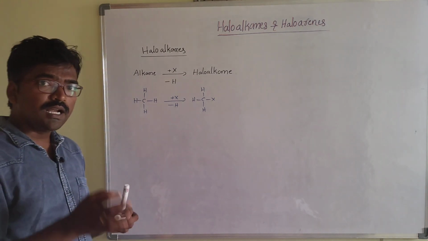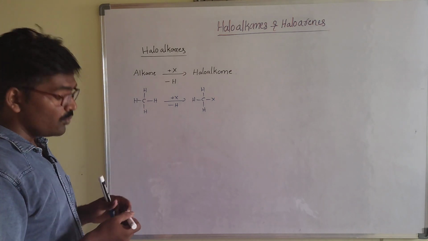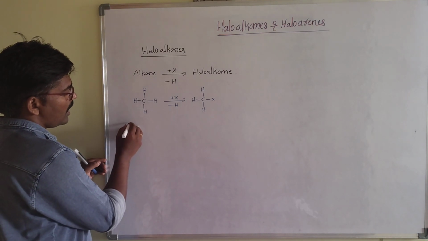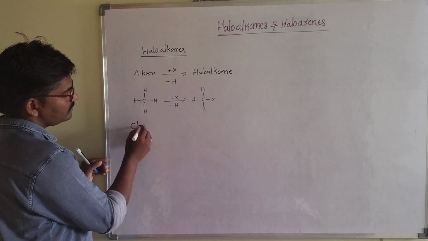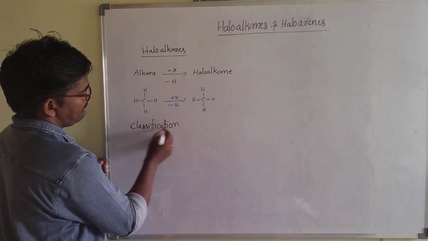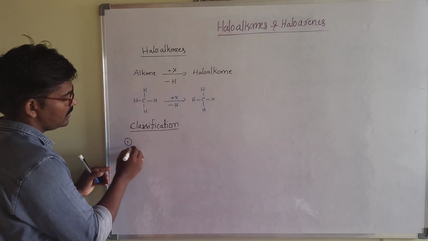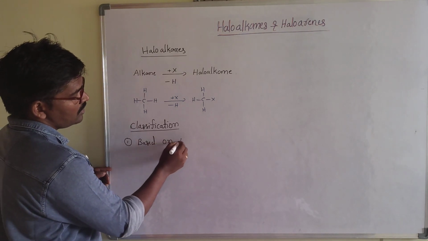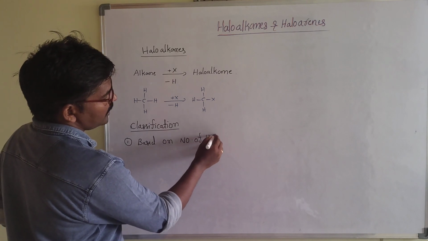Then what is the classification of haloalkanes? How many types of haloalkanes are there? That we have to discuss. In this classification, the first classification is based on the number of halogen atoms.